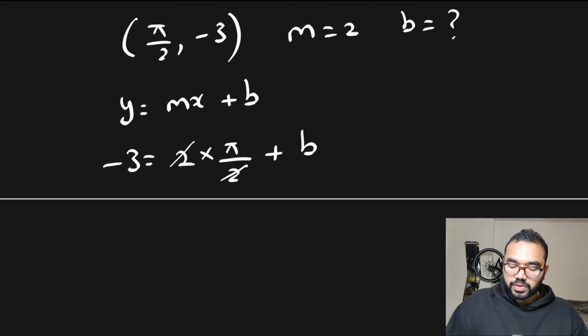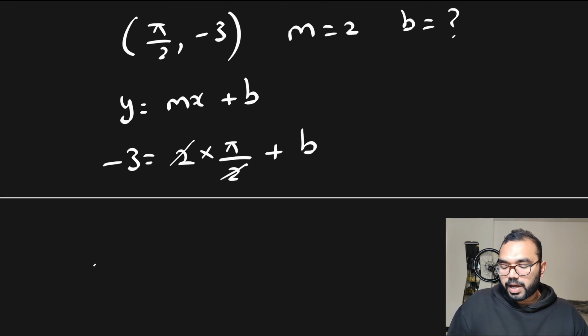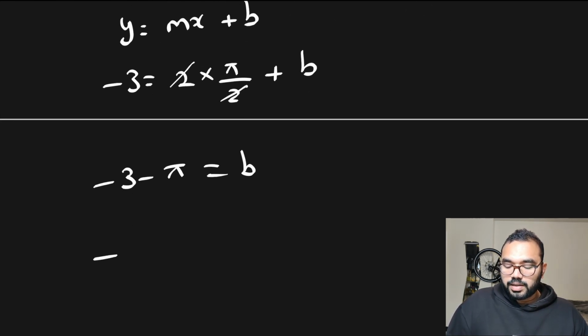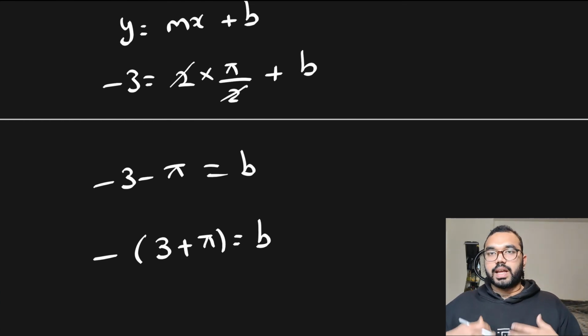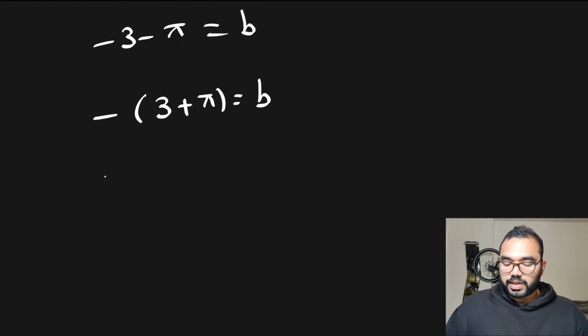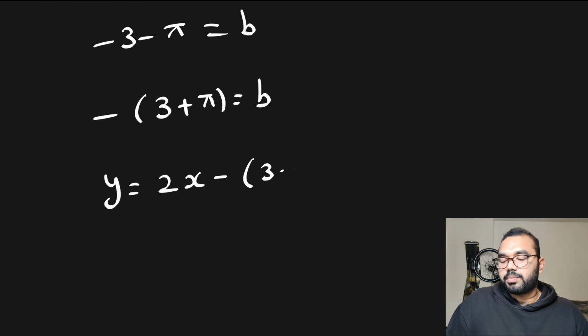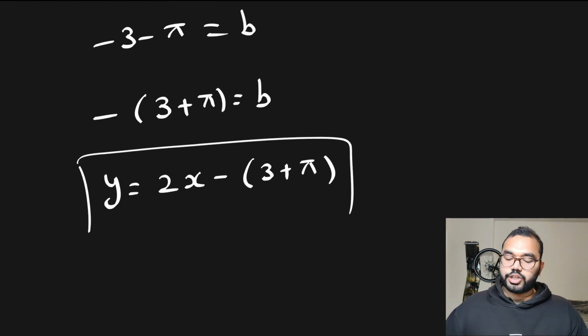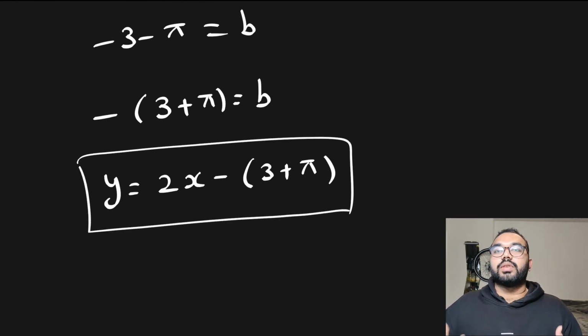This pi goes to the left-hand side, making it negative pi. Negative 3 minus pi is b. Let's take the minus as a common factor, so b is negative (3 plus pi). So we have all the values: the slope and the y-intercept. The equation of the tangent becomes y equals 2x minus (3 plus pi). That is the equation of the tangent for the given curve equation.